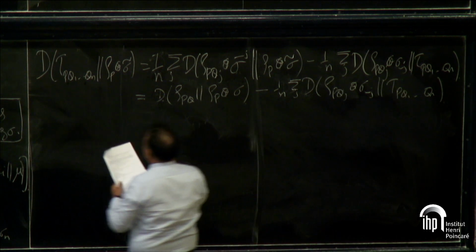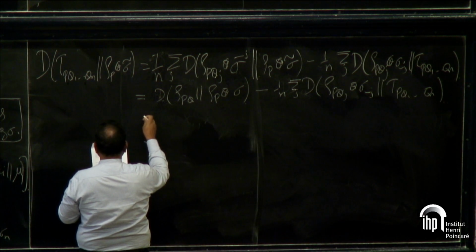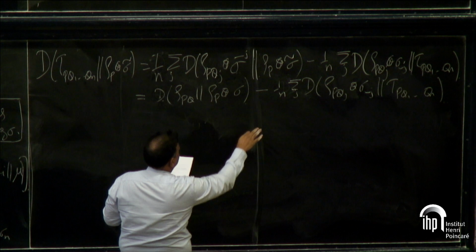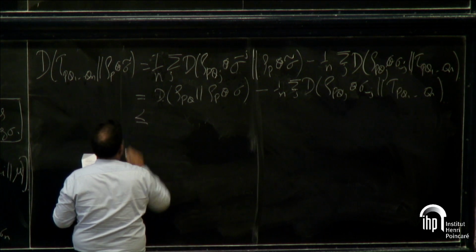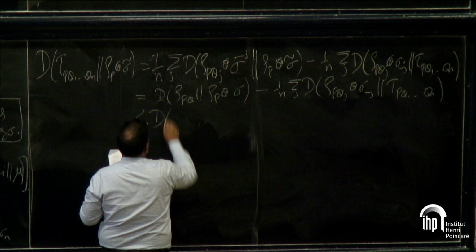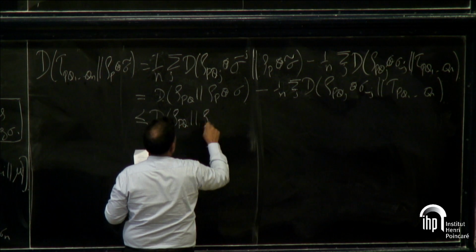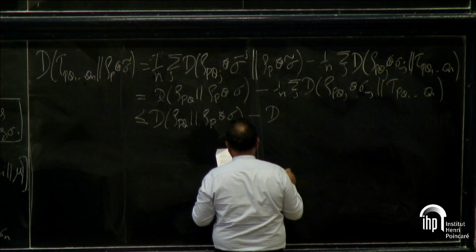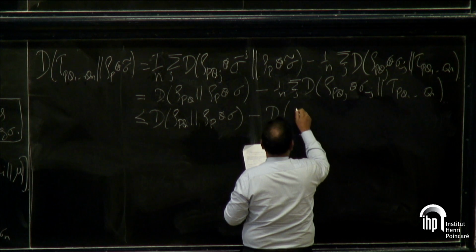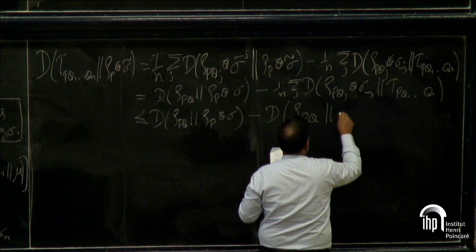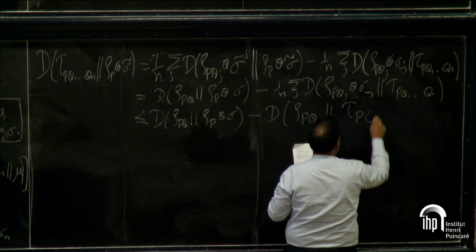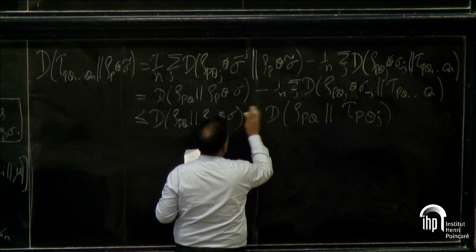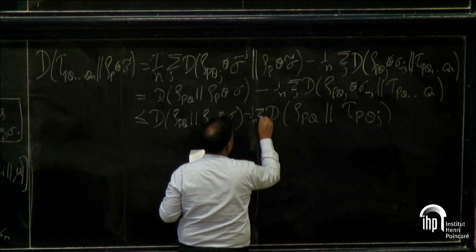Okay, and then what we will have is minus D of rho_{PQ} with tau_{PQ_j}. For now let me just write it as minus 1 over n summation over j.